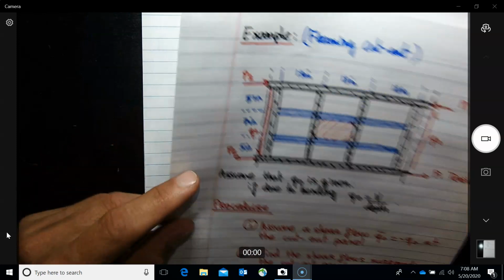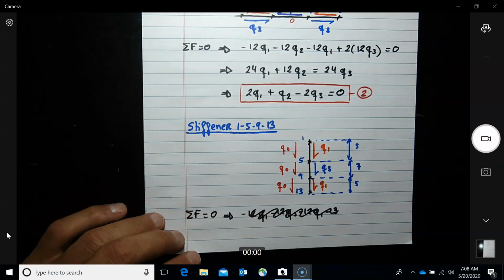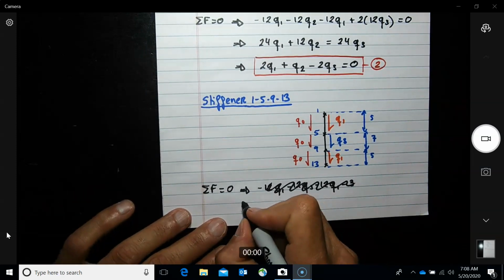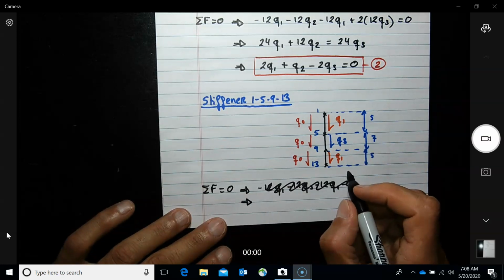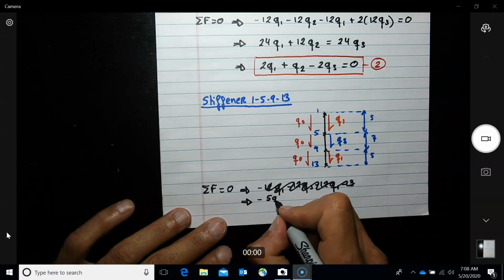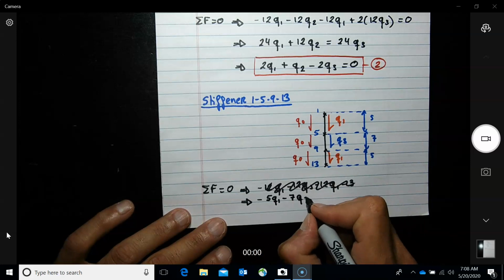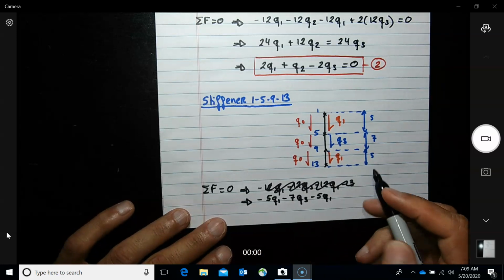So I wasn't paying attention, so sorry for that. So maybe I still do it here, so that we have the figure. So what you're gonna have, this will be equal to minus 5 Q1 minus 7 Q3 minus 5 Q1.